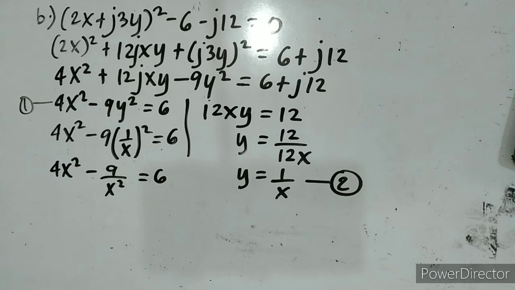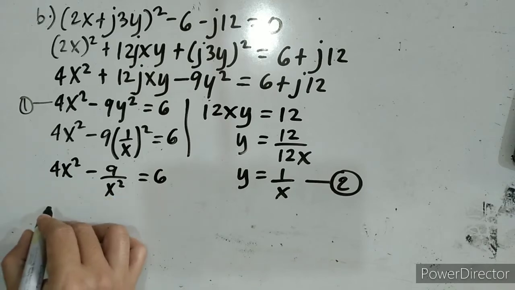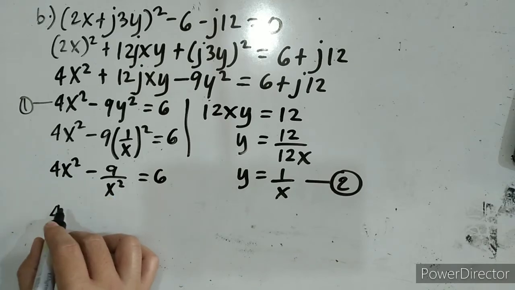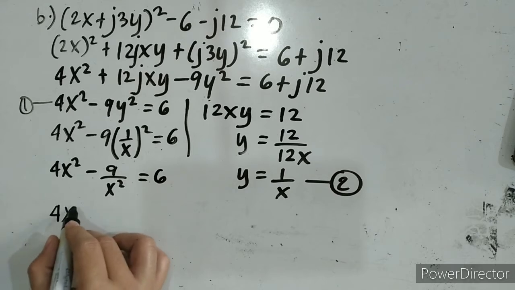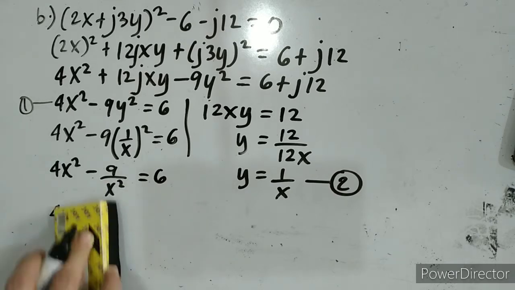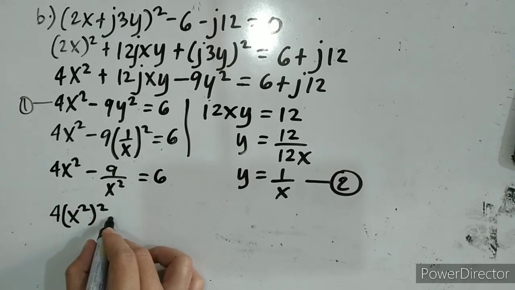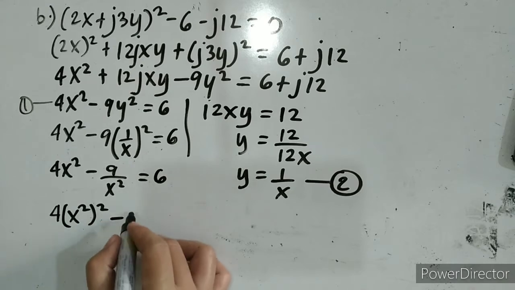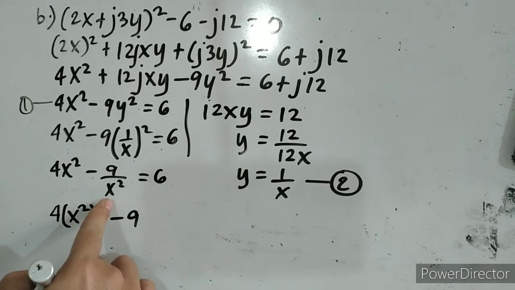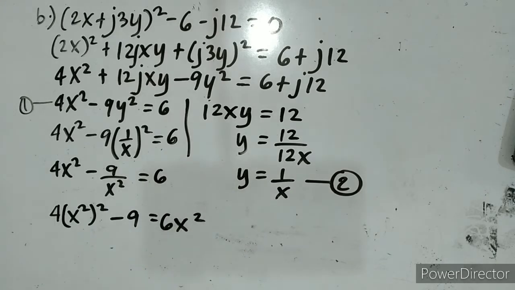And we multiply everything by x squared so as to cancel x squared here. So we have 4x to the power of 4 minus 9, x squared cancels, and we have 6x squared.